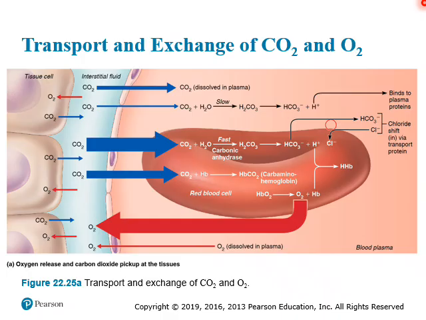The third form is as bicarbonate ions. These are your bicarbonate ions right there. About 70% of carbon dioxide is slowly converted into bicarbonate ions.